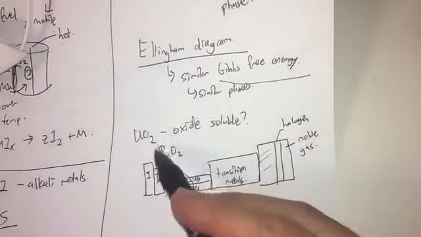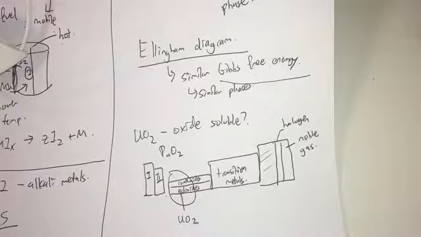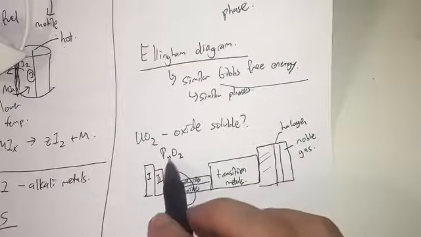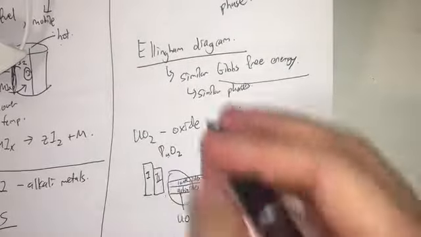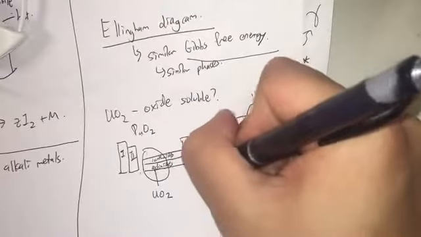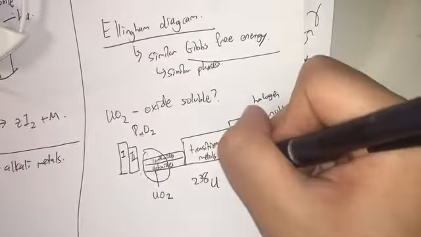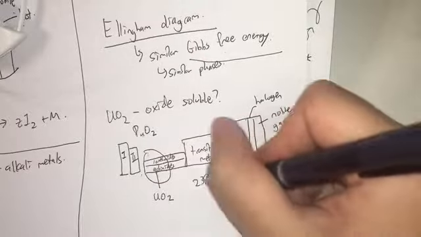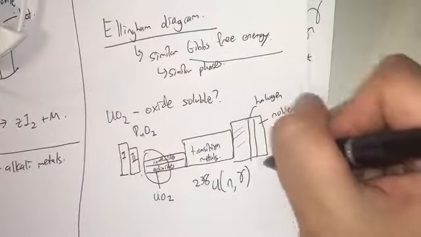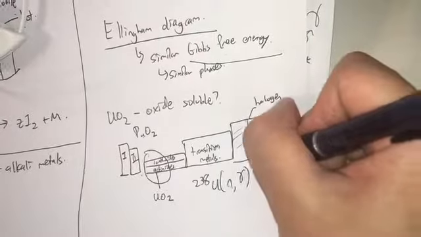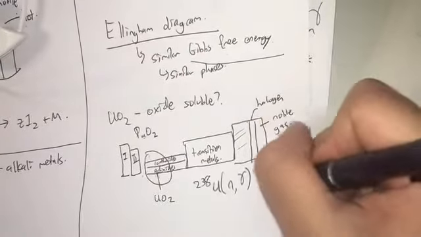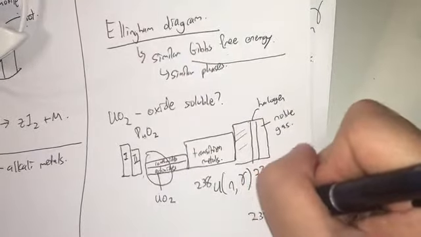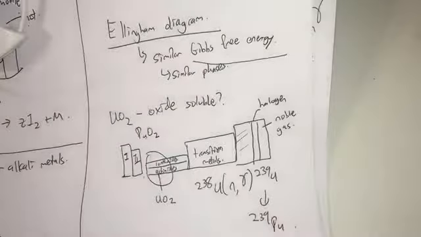These all will be dissolvable in uranium oxide. Where does plutonium come from, you may ask? Remember, we have uranium-238. When it goes through an N-gamma reaction, when it captures a neutron, it first gets uranium-239. After a few decays, it becomes plutonium-239, and that's where the plutonium comes from.